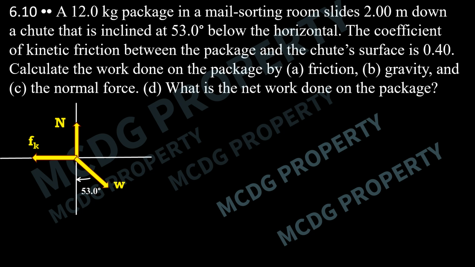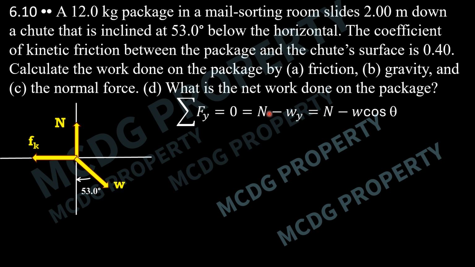So first, let us start with the summation of forces along the y. Along the y, the package is in equilibrium. Hence, we use summation of forces along the y is equal to 0. And the forces along the y will be the normal force and the y component of the weight. The y component of the weight is negative. That's why we have a minus sign here. Because as you can see in the diagram, weight is on the fourth quadrant, and on the fourth quadrant, y is negative.